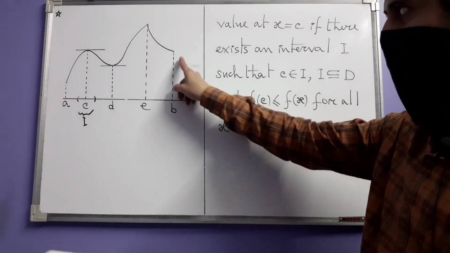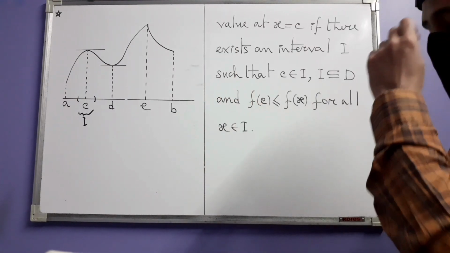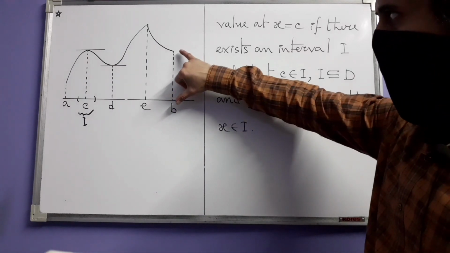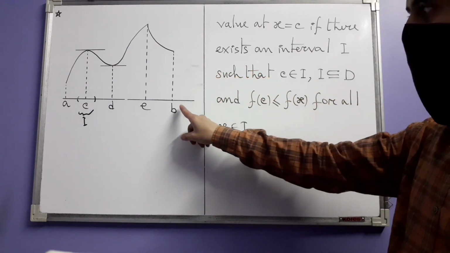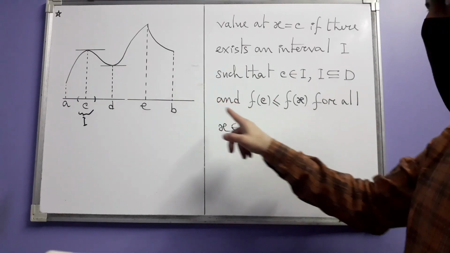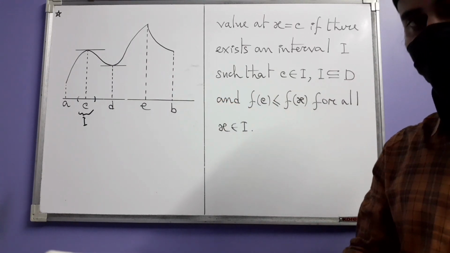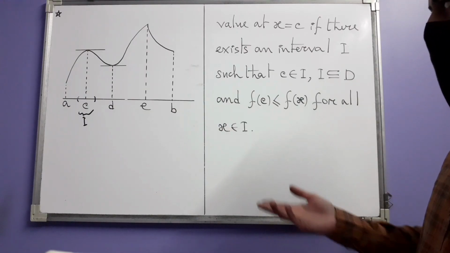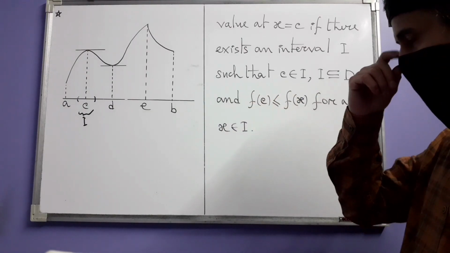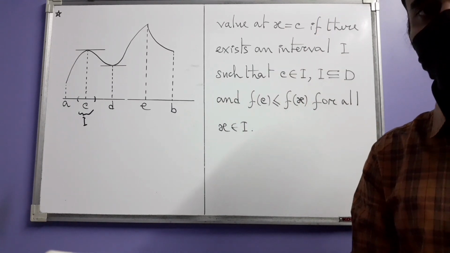What about the point B? Well, actually a local minimum value is being attained at B. However, to be able to say so, we need to extend this definition to include boundary points, that is endpoints. You just have to simply write that x equal to C is an endpoint.